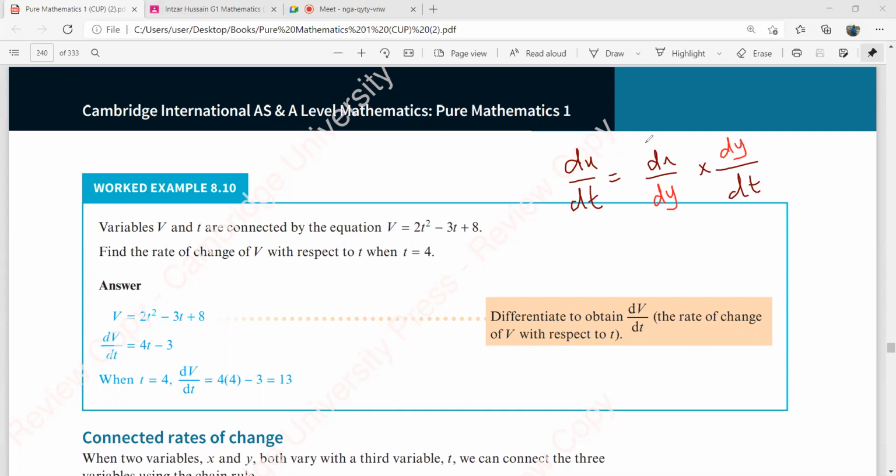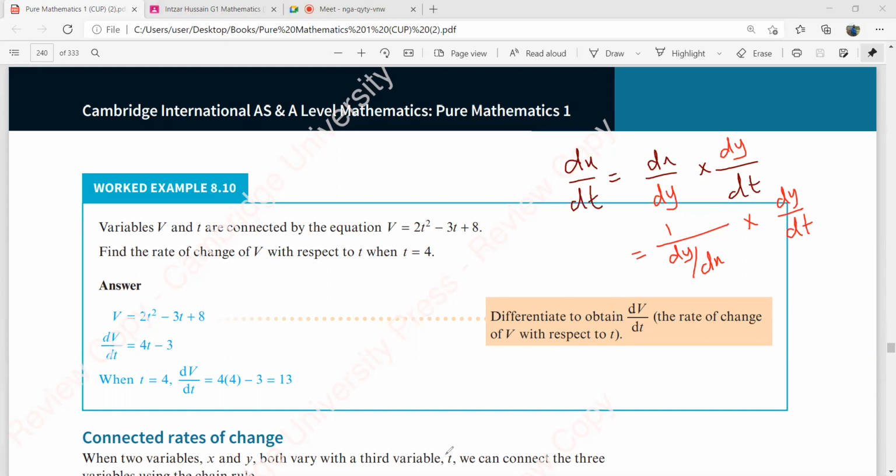So this dx by dy is basically 1 over dy by dx, okay? And this will be given to you. So you get this dy by dx from the given equation, and then you have to remember to write its reciprocal over here. Okay? Its reciprocal will come here.